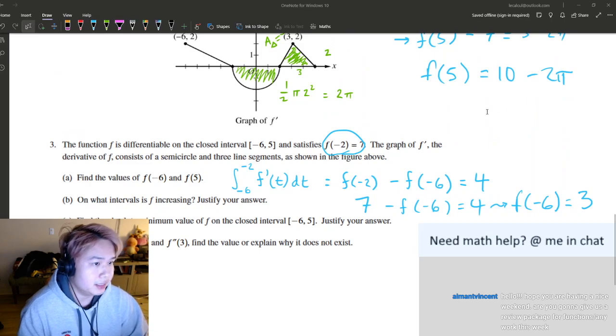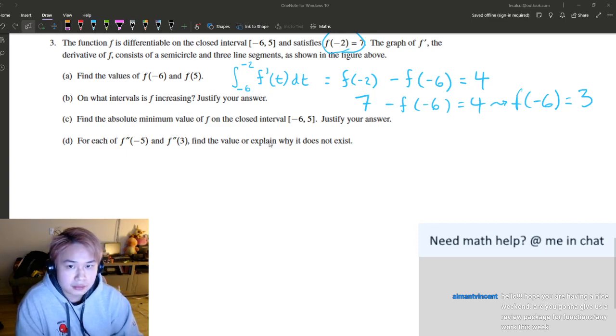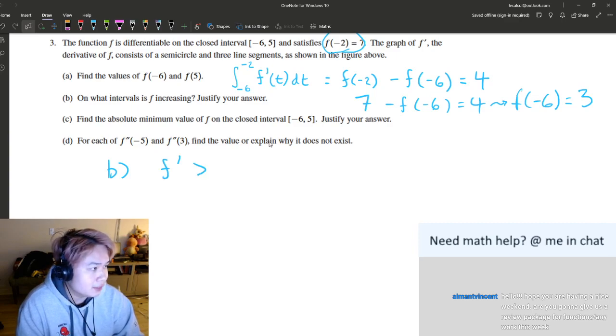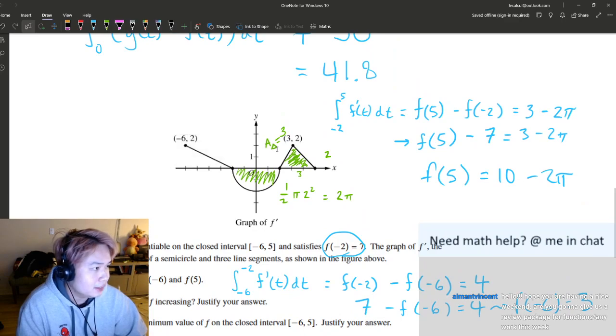Okay, so where was I? I found out part A, and then let's see, what intervals is f increasing? Okay, well, f is increasing when your derivative is positive. So let's just look at that. That's right here and right here.